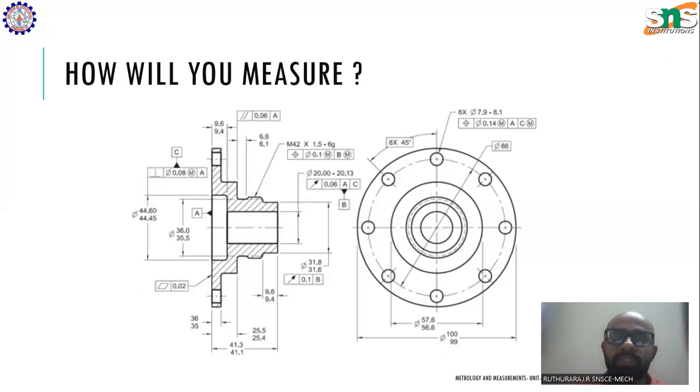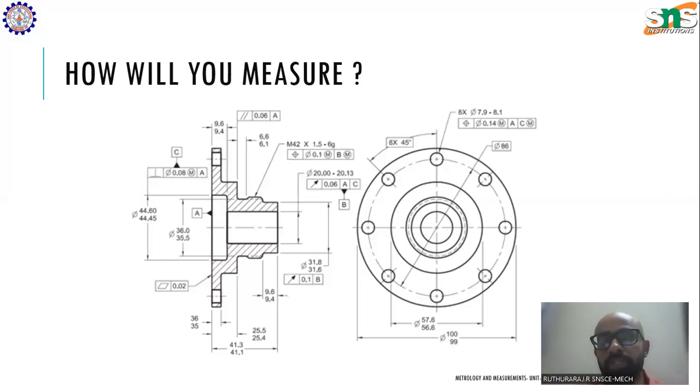In today's lecture, we'll be discussing the various measuring instruments available to measure these dimensions. If you see here, the diameter has to be measured, length has to be measured, straightness has to be measured, parallelism has to be measured, perpendicularity has to be measured. Every measuring quantity needs a specific measuring instrument. Length can be measured with the help of a micrometer or vernier caliper.